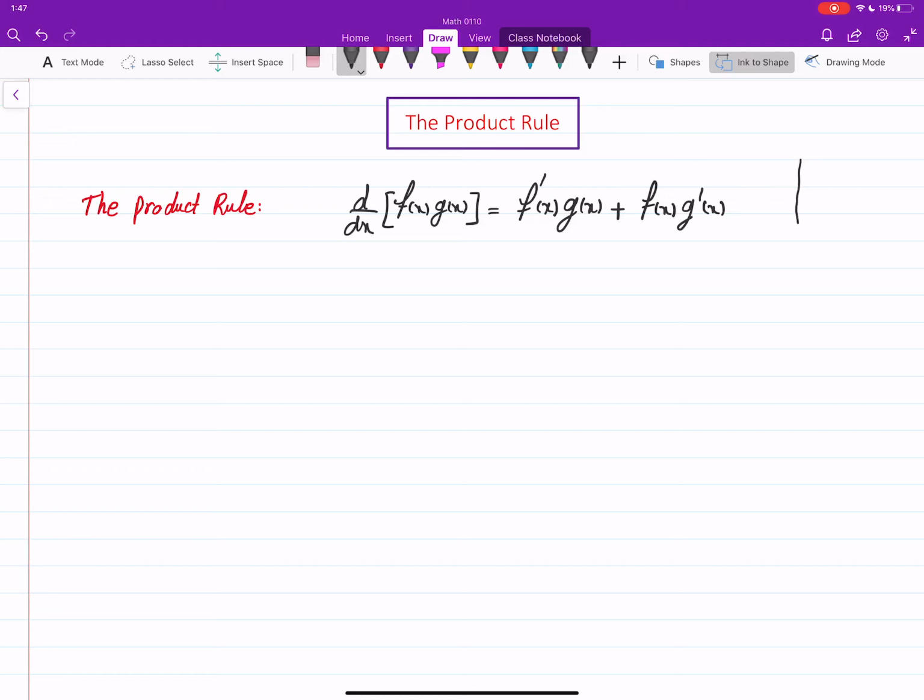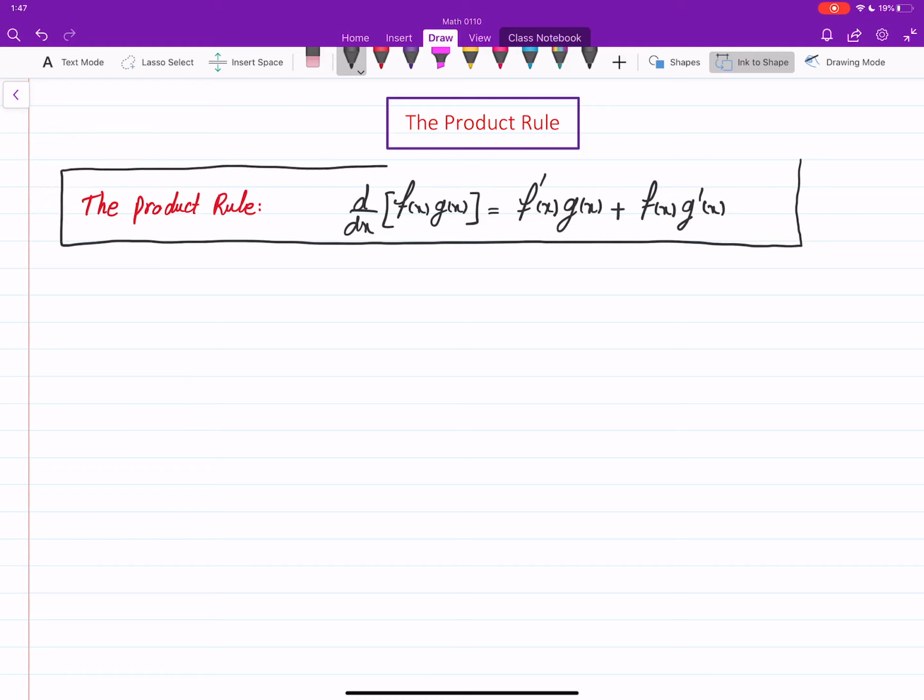Derivative of first times second plus first itself times the derivative of the second. This is called the product rule.